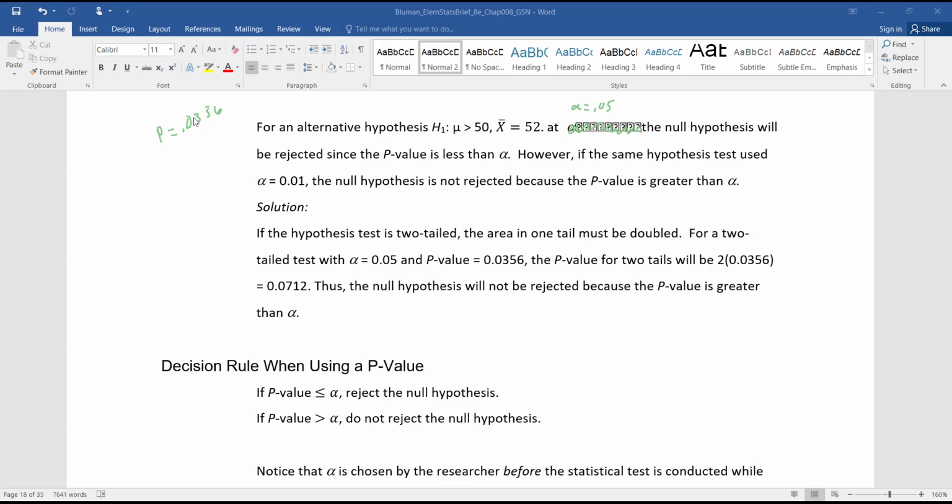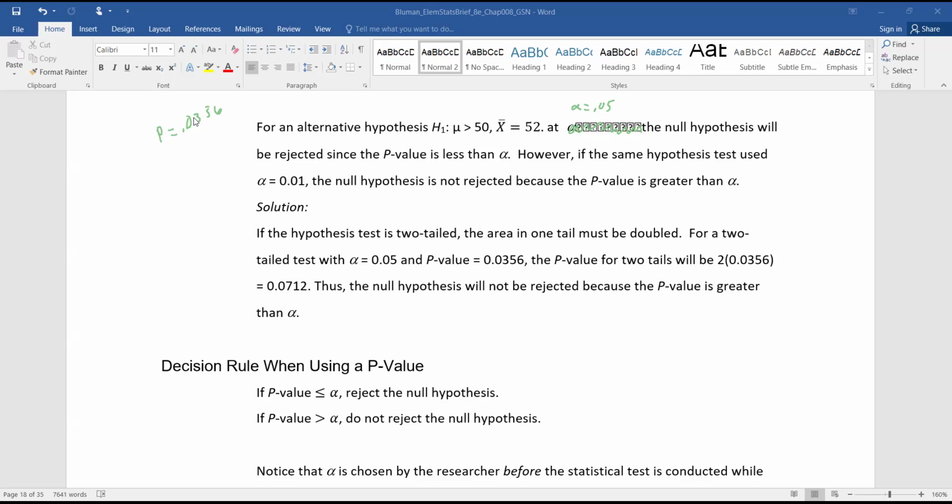If the hypothesis test is two-tailed, the area in one tail must be doubled. For a two-tailed test with alpha 0.05 and a p-value of 0.0356, the p-value for two tails will then be 2 times that, which is 0.0712. Thus, the null hypothesis will not be rejected for a p-value that is greater than alpha.